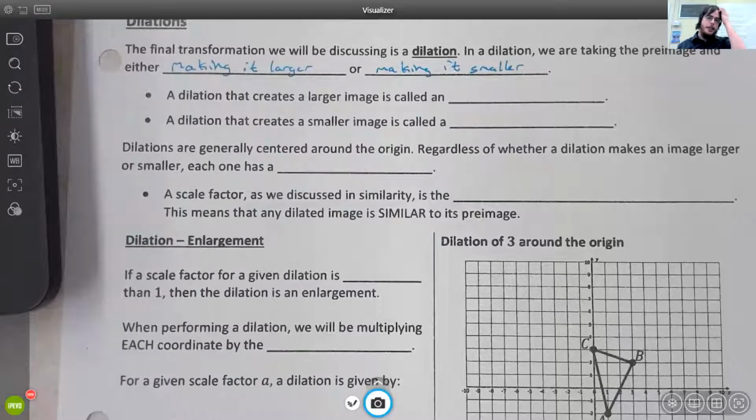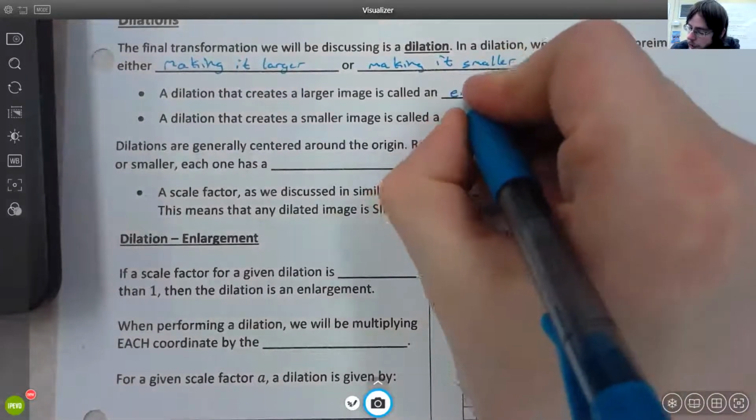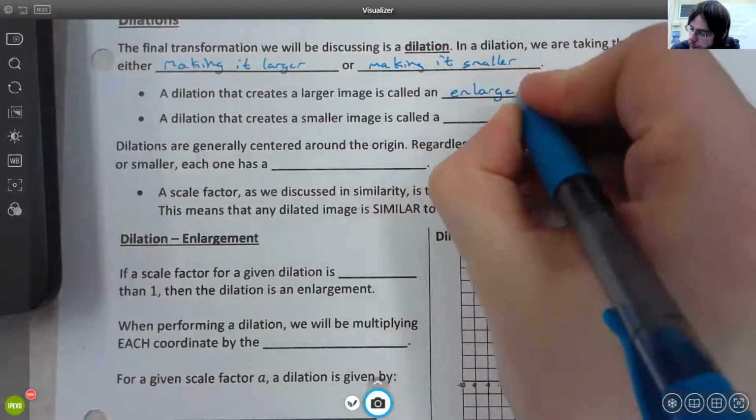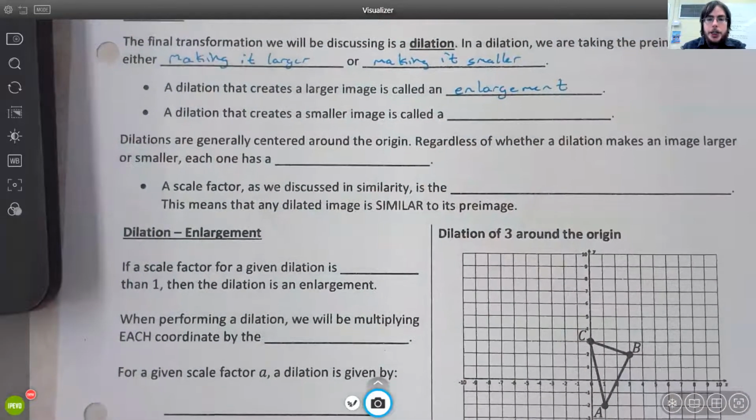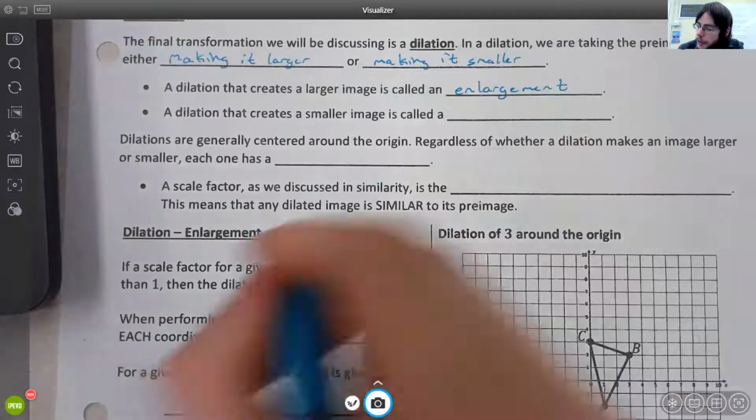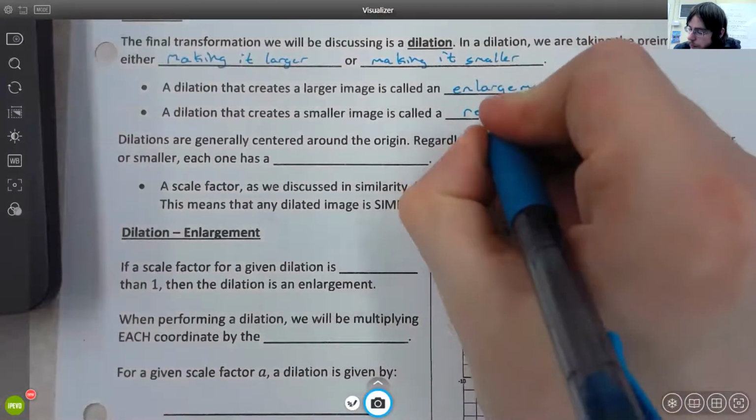So a dilation that creates a larger image is called an enlargement, and a dilation that creates a smaller image is called a reduction.